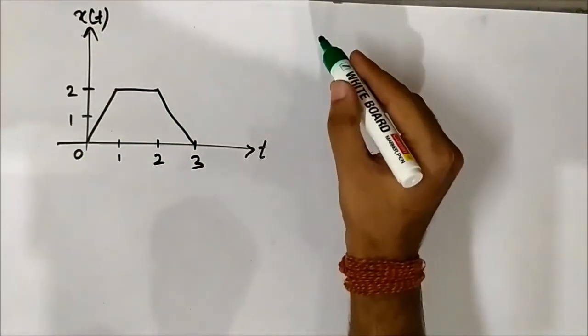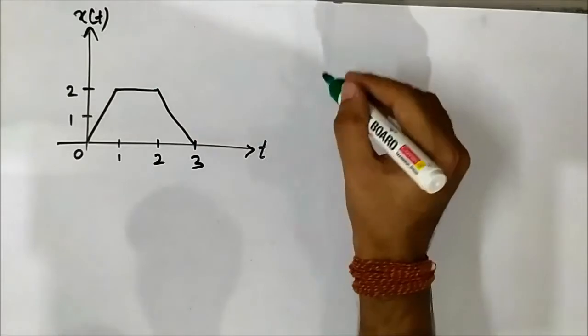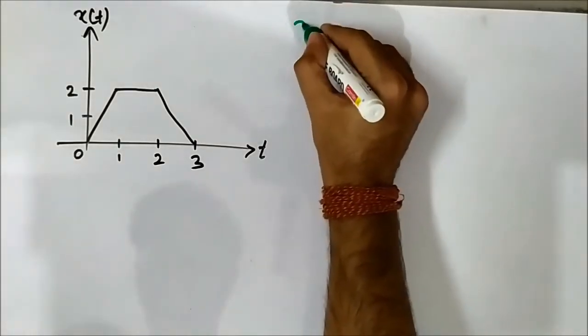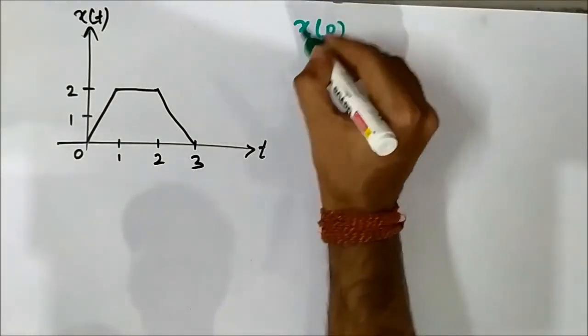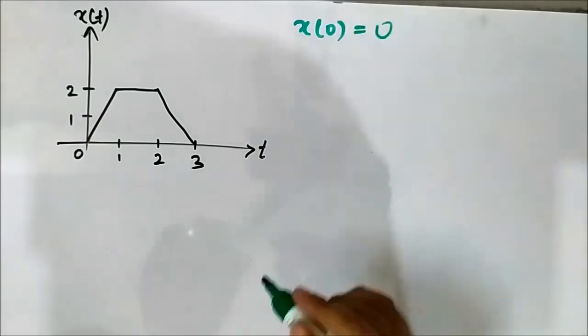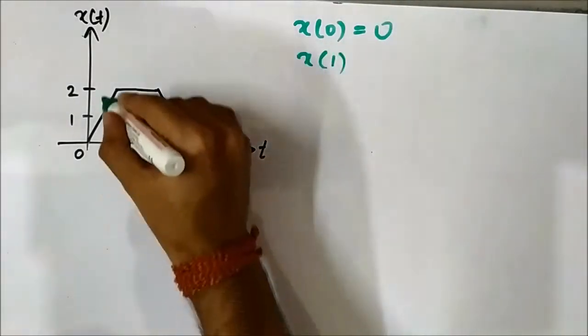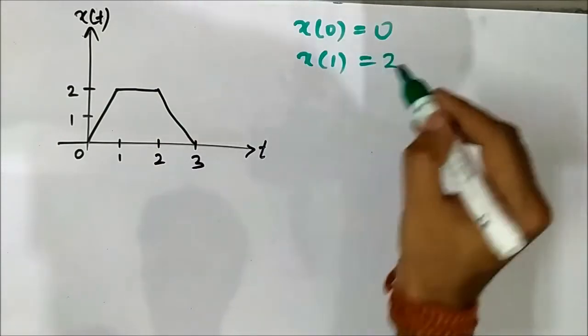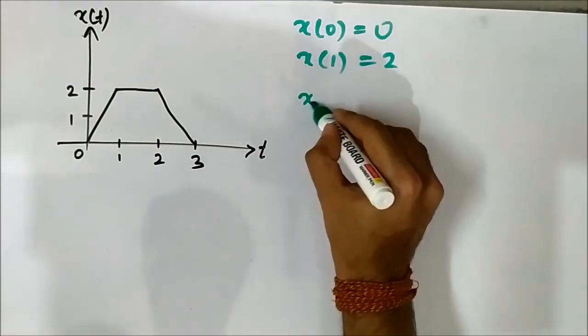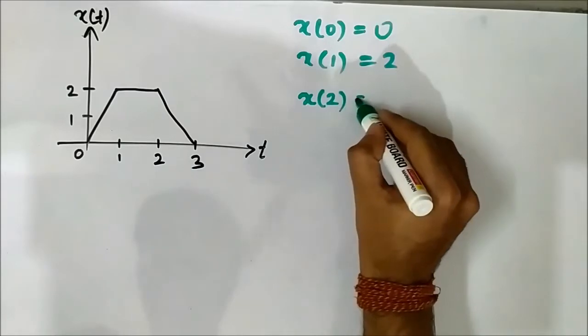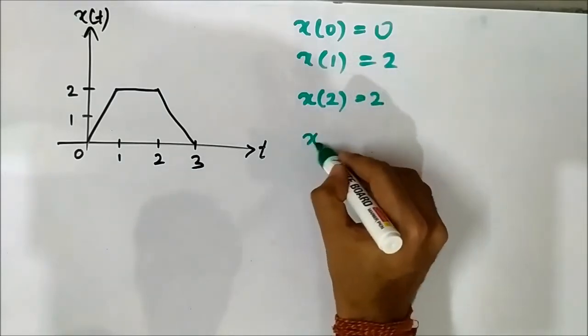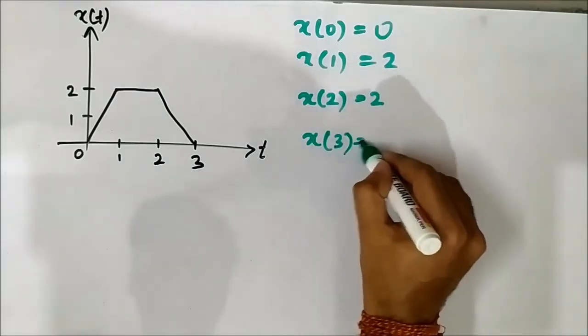So we will write down the values. x(0) is 0, x(1) is equal to 2, x(2) is equal to 2, x(3) is equal to 0.